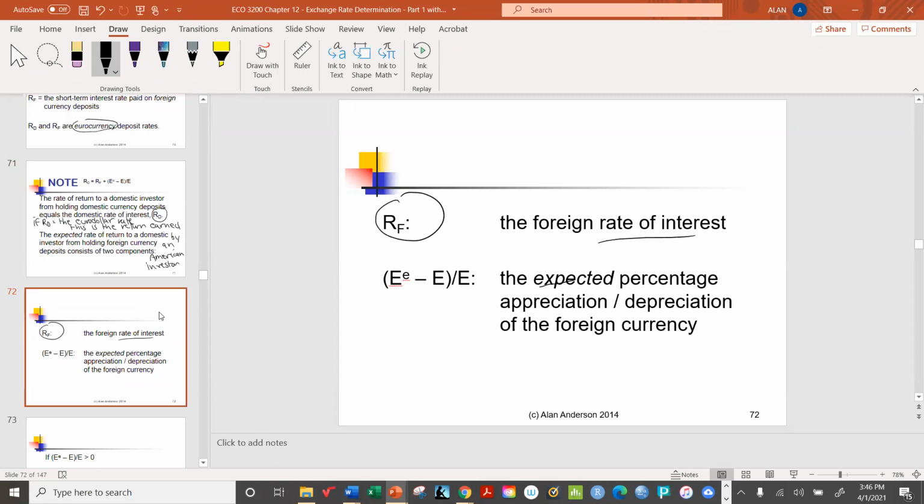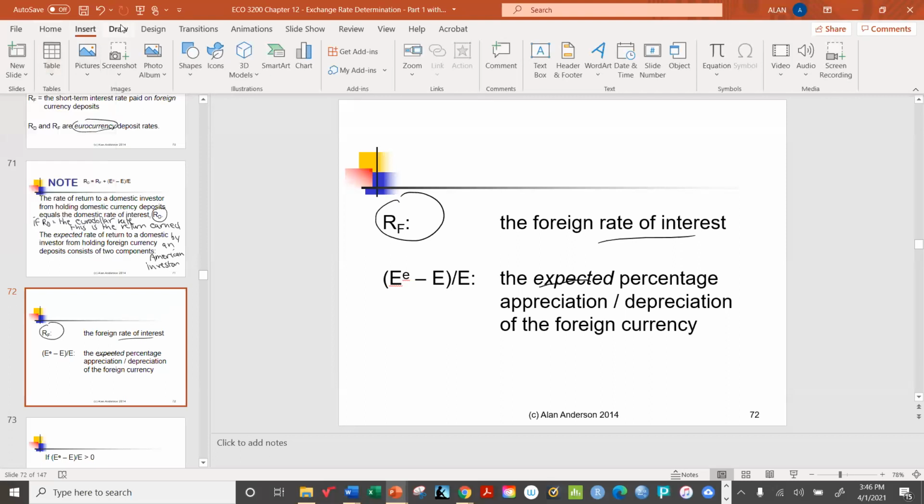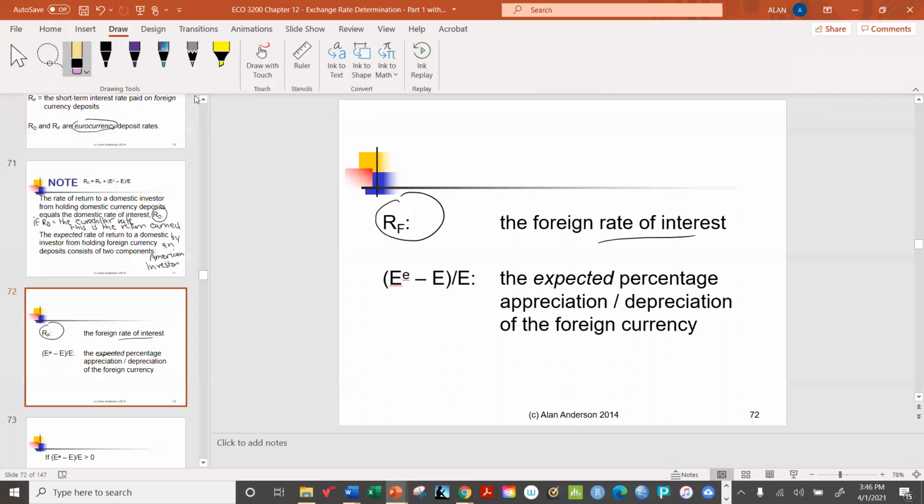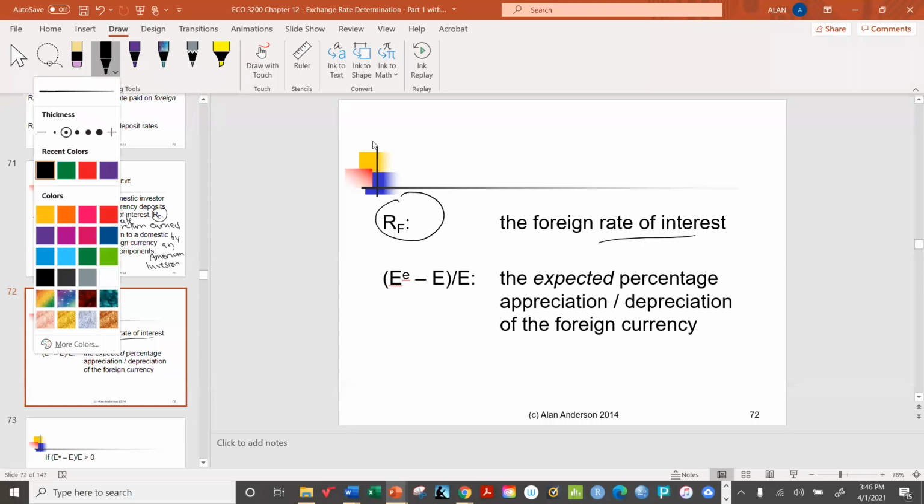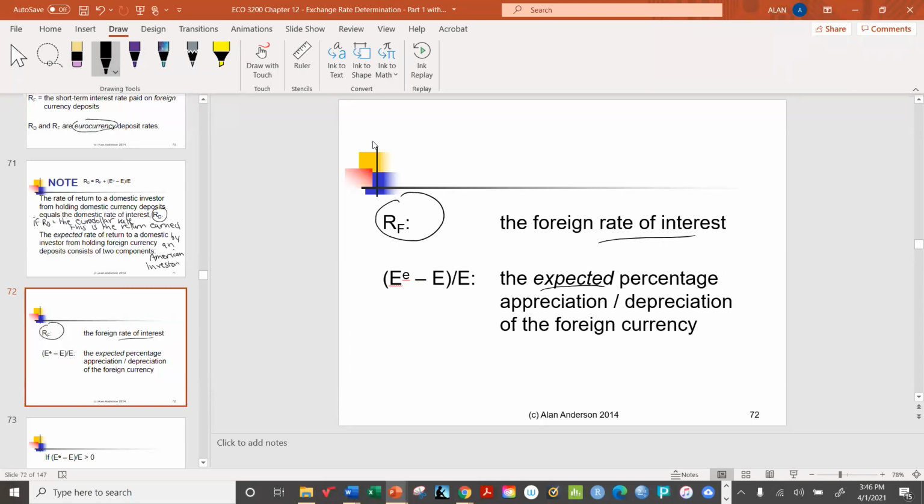This is the expected percentage appreciation or depreciation of the foreign currency. In other words, we're not covering this investment with a forward contract. We're going to bear the foreign exchange risk when we invest in this foreign currency.